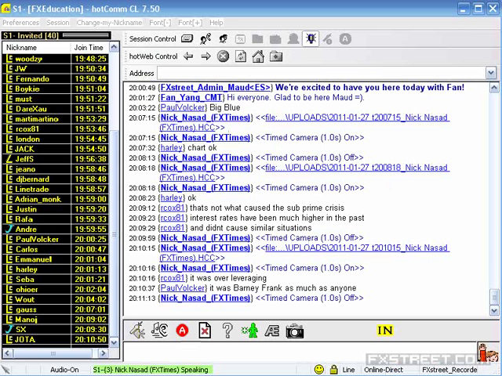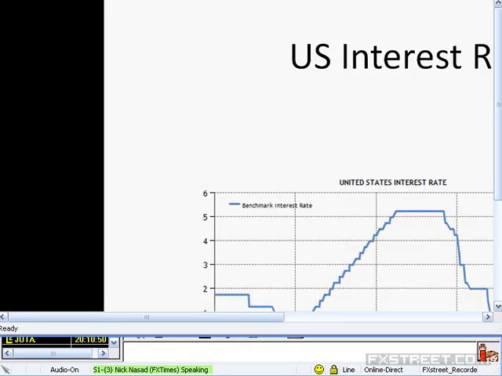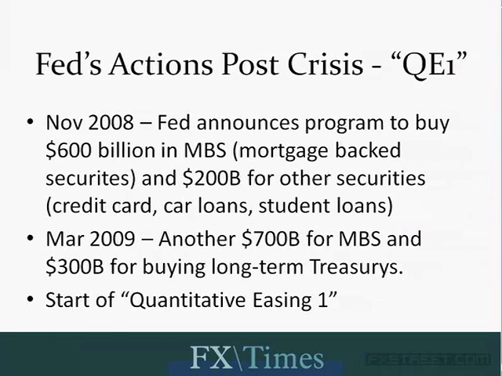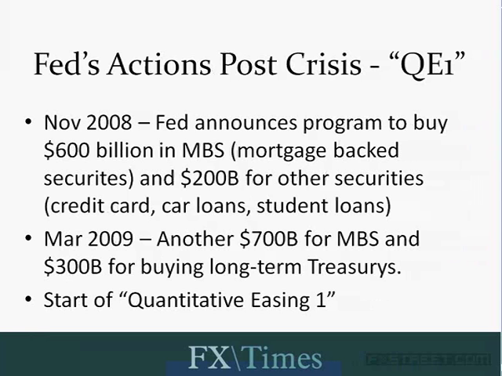And why did it do that? Because we announced that $600 billion, as well as a program to buy back $200 billion of other securities. Mortgage-backed securities are those securities that are pretty much backed by mortgages, putting together all these different mortgage loans and debt into securities, and these had been underperforming.